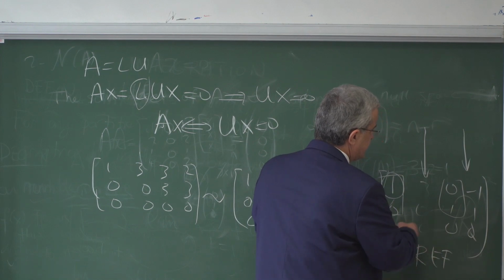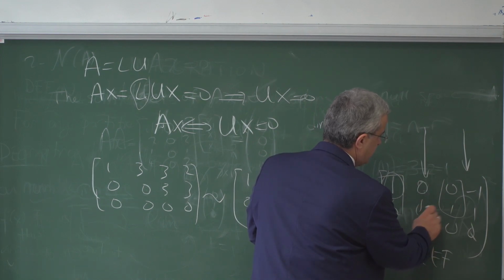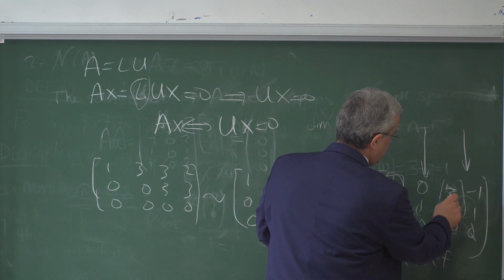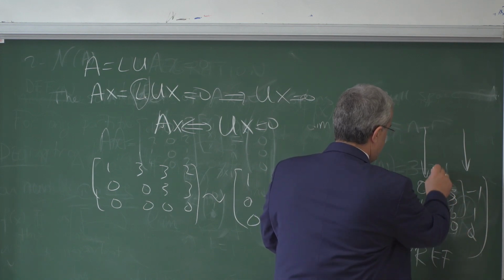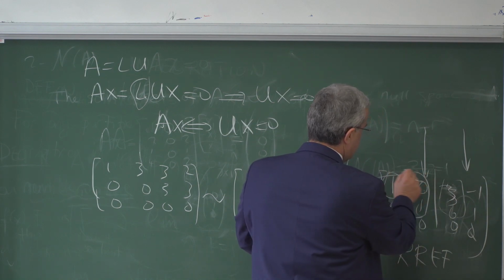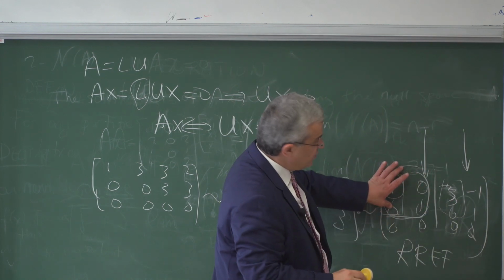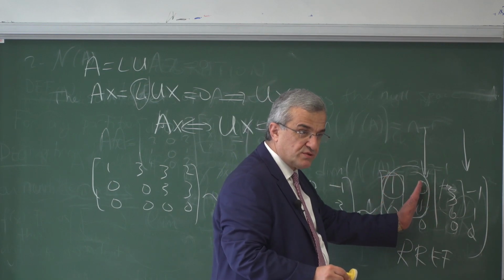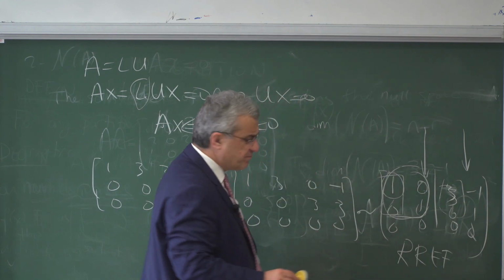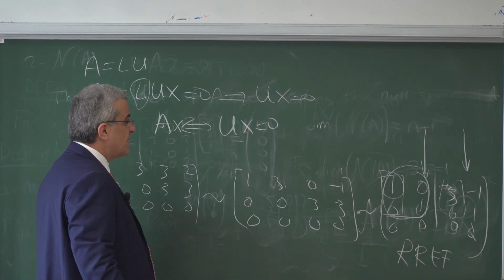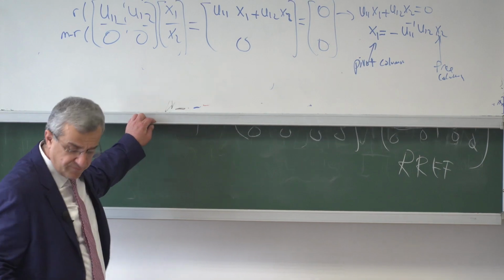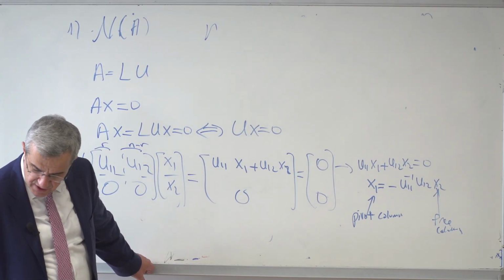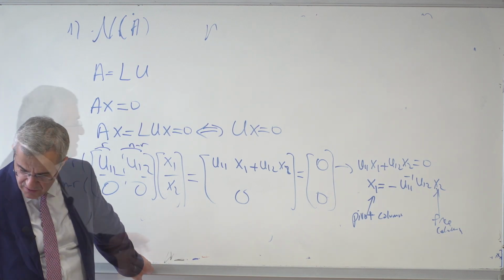So if it was like this, you see here, this is U11, like an identity here. So these are the pivot columns, and these are the free columns. So I can pick the free column anything I want, any other than 0, of course. You shouldn't pick it 0.